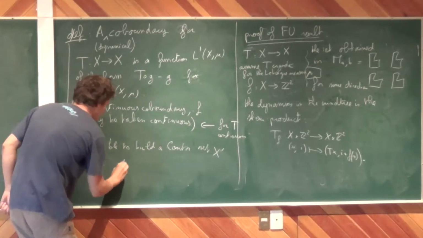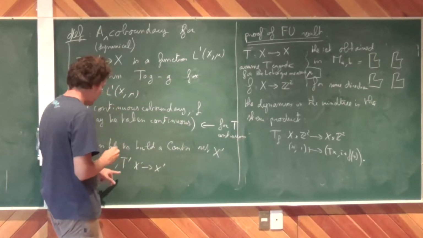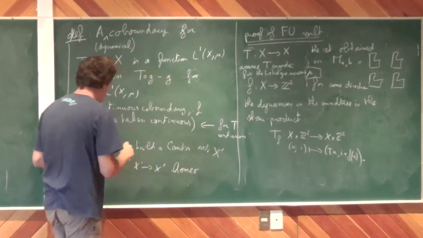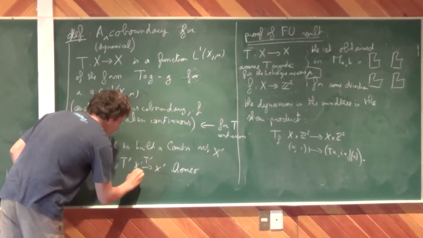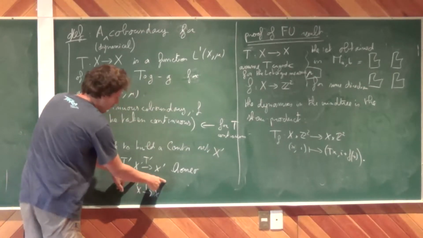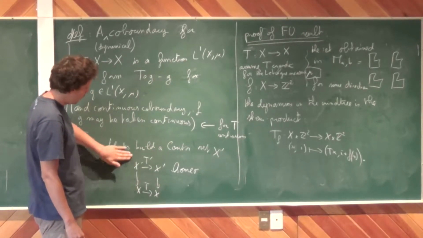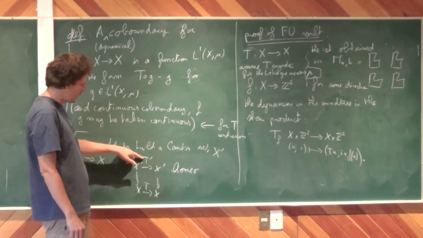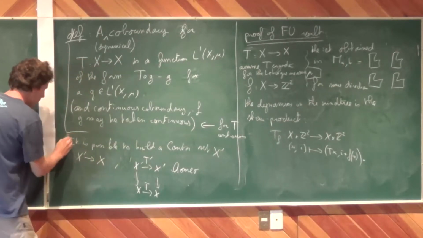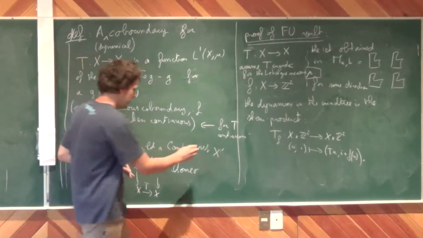And you have T' from X' to X', which is now a homeomorphism, and which commutes with T. And this is almost everywhere one-to-one. So anytime you have a measurable property here, you have it here. For topological considerations, you want to consider it here, and you get the conclusion here because this is bigger. So anytime you want to do something topological, you have to go to this Cantor set.